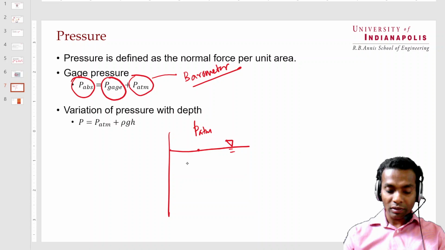So you need to add that to the atmospheric pressure to get the pressure at this point. Let's say this height is h. You have rho and g, density and gravitational acceleration, and then you can find the pressure p here, which is equal to P_atm plus rho g h.